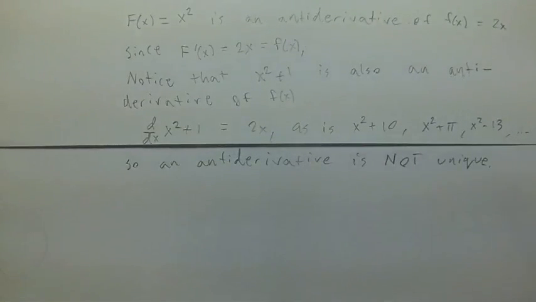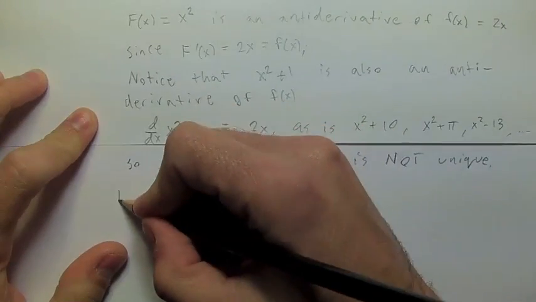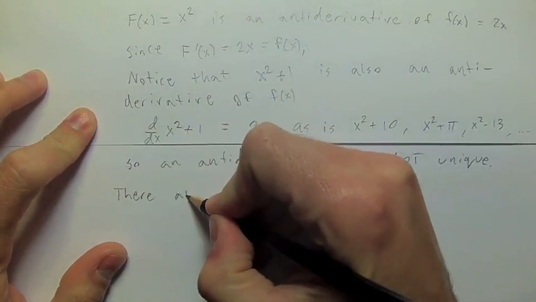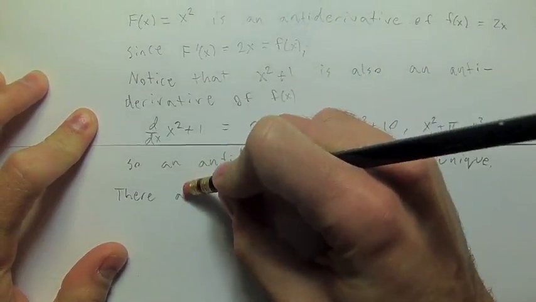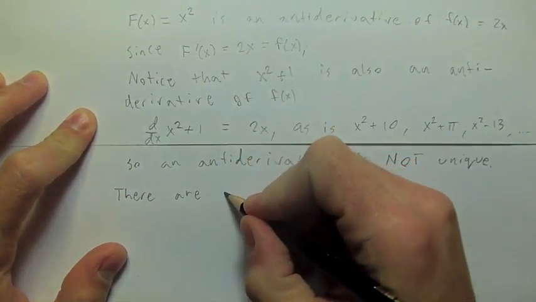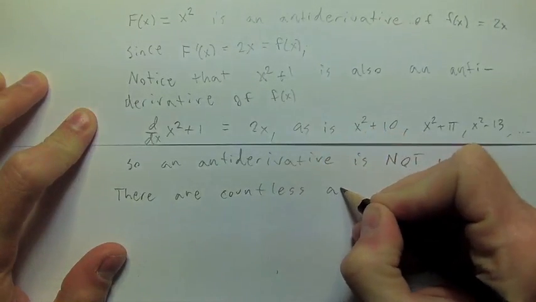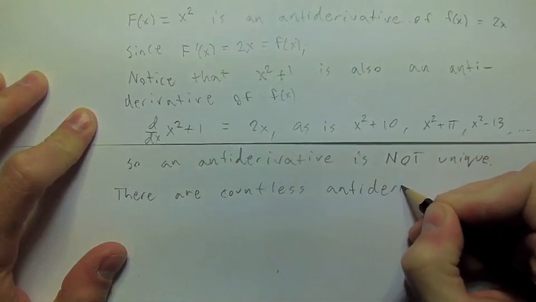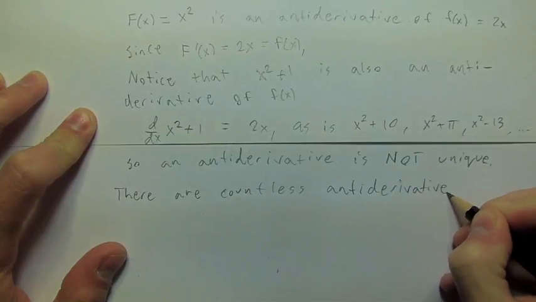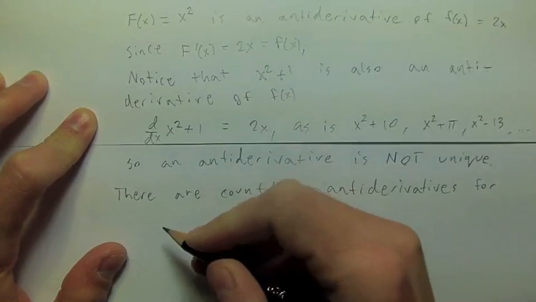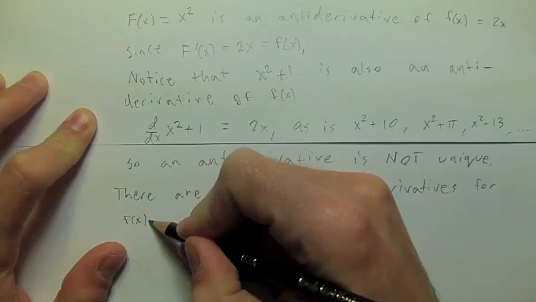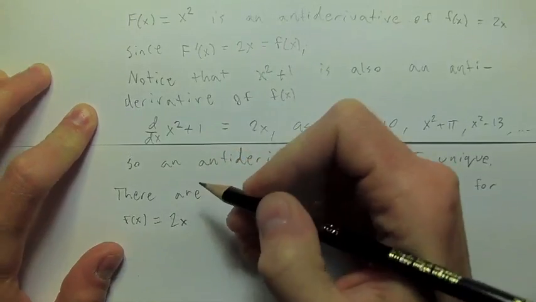But they should all follow the same pattern. They should all be basically x squared plus a constant. So there are countless antiderivatives for little f of x equals 2x.